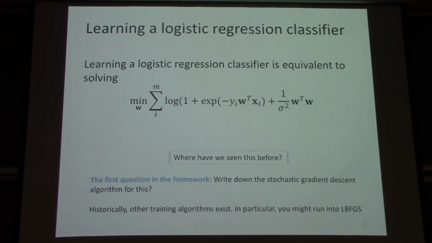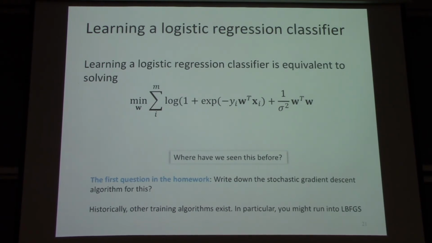Solving for this optimization problem gives us a maximum a posteriori classifier under the logistic model with the assumption of Gaussian priors. Question? So for the stochastic gradient descent for the intercept, do you also add the norm? Absolutely. It behaves exactly as what we did before. So what is stochastic gradient descent?